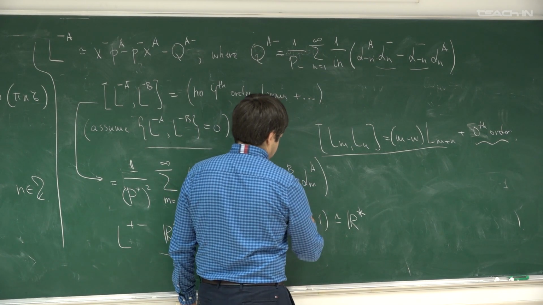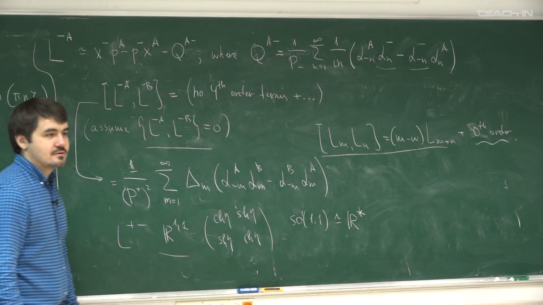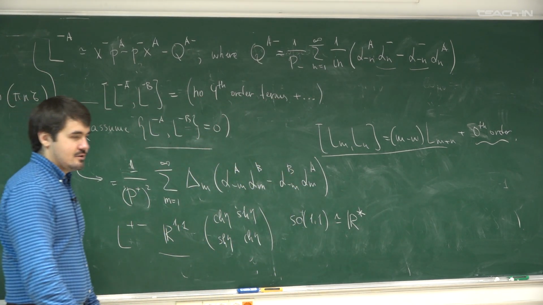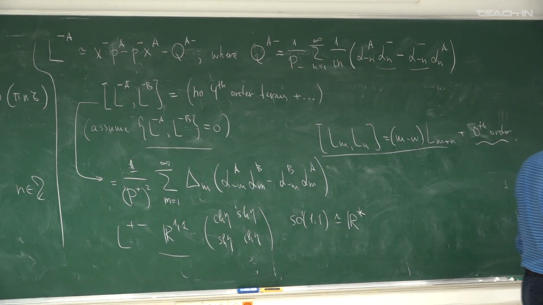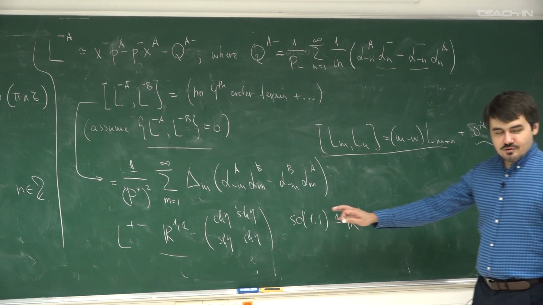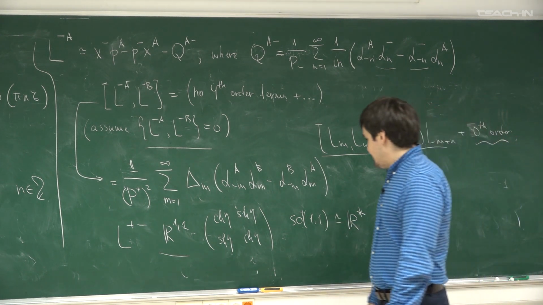Maybe I should put plus here. I don't want to get into those issues. I don't care about components disconnected from the identity. I just mean the bulk of the Lorentz group.